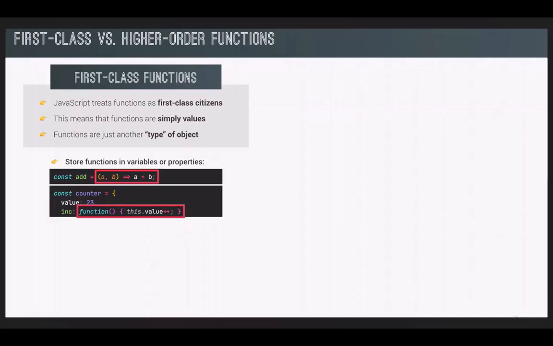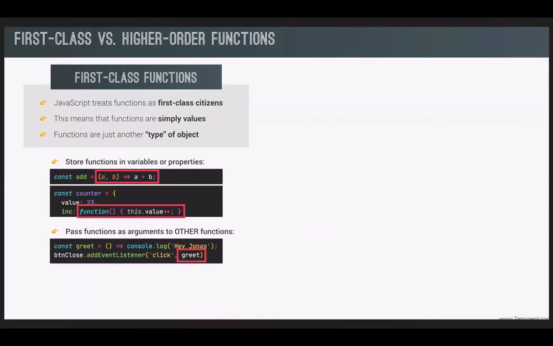And since functions are values, there are a bunch of interesting things that we can do with them. Like storing them into variables or object properties, and that of course we already did a couple of times before. The function values here are marked in red, and you see we created a function expression in the first example and an object method in the second example. The value in the red rectangle is the function value itself, and that we can store wherever we like.